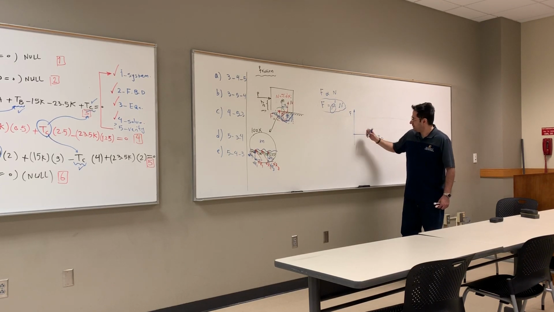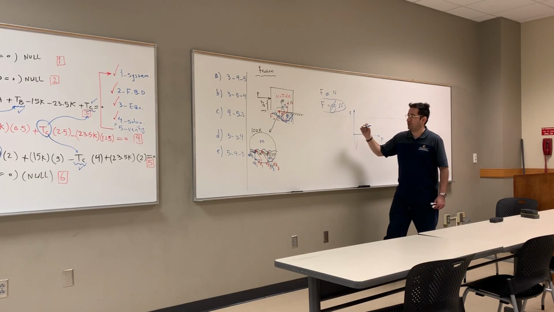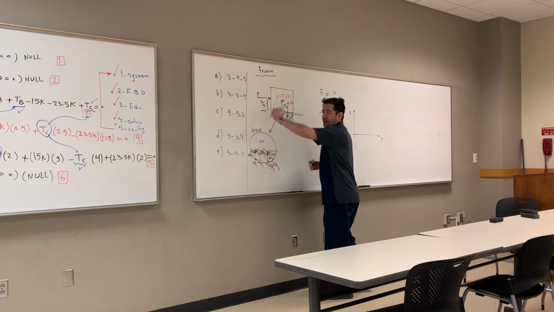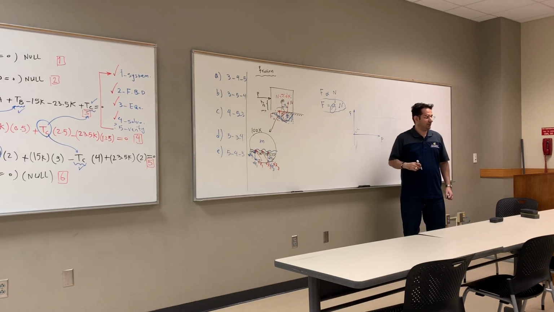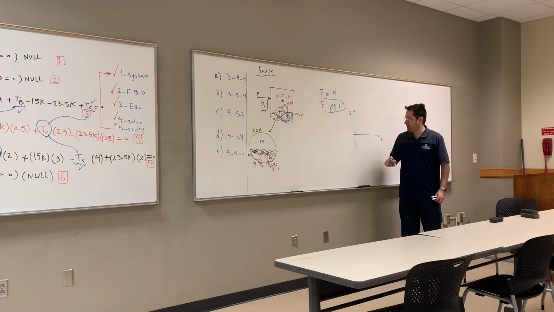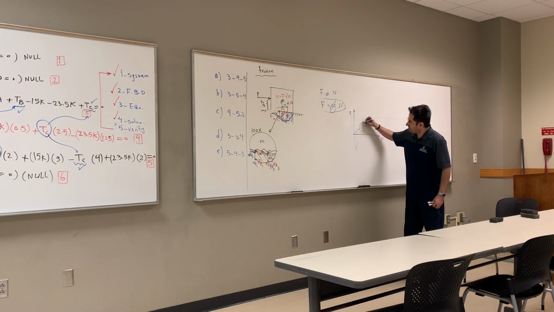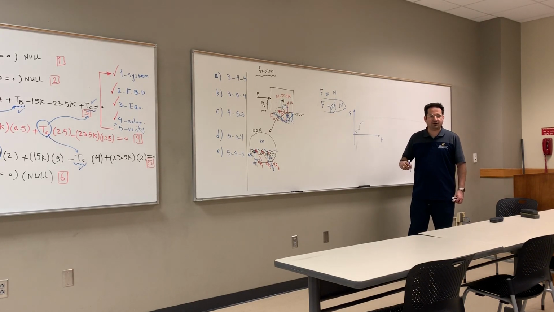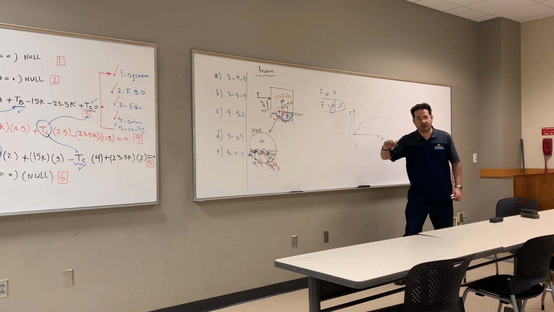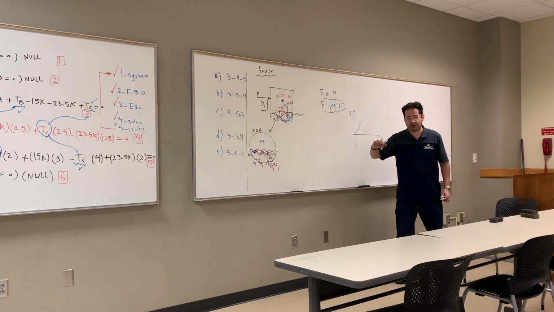When I increase P, what happens to the friction? The friction is going to go up with a complicated pattern, and then it reaches a maximum. Then what happens? It starts to drop. It starts sliding, right?